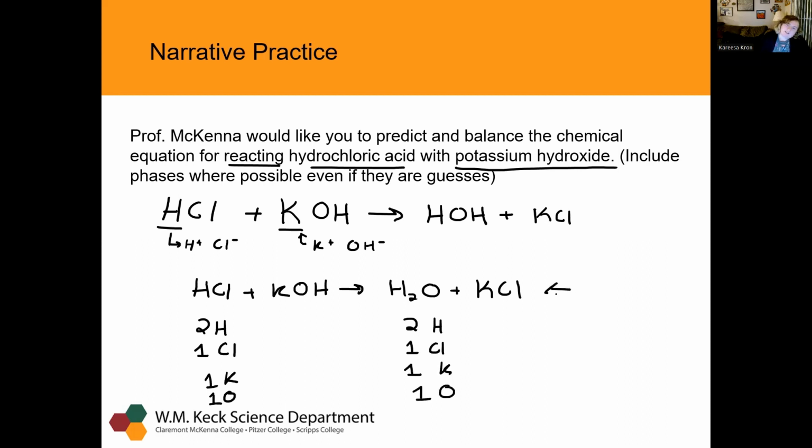So this is the balanced chemical equation, which we've just derived. And we'll practice doing this more in class next period. So that's it for today, and go check out the next video.